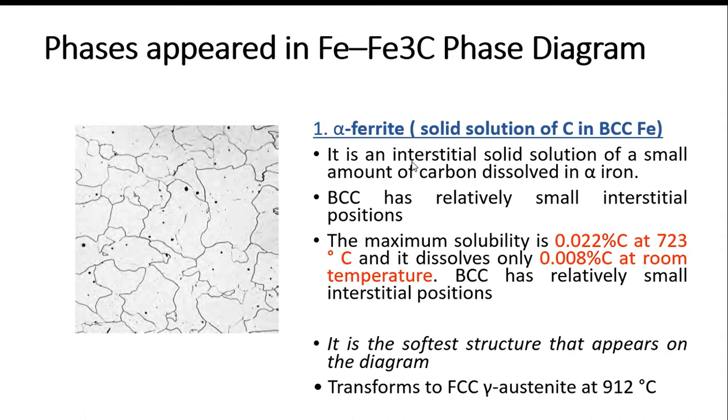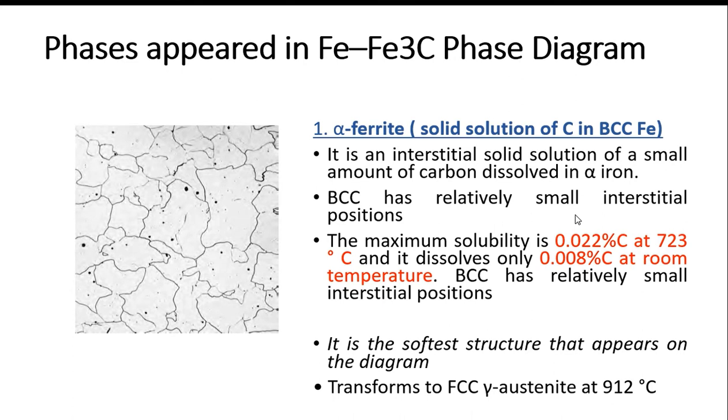So these are the phases. Alpha ferrite is a solid solution of carbon in BCC iron. So that structure is very important. It is an interstitial solution of a small amount of carbon dissolved in alpha iron. BCC has relatively small interstitial positions.